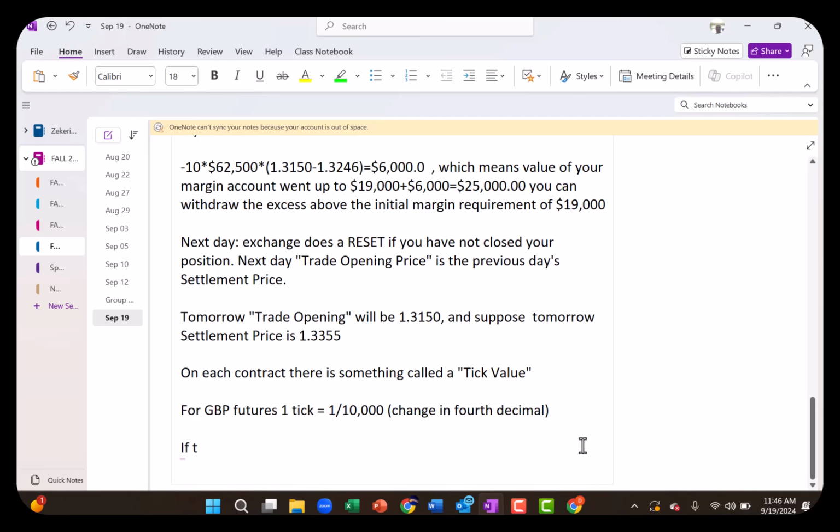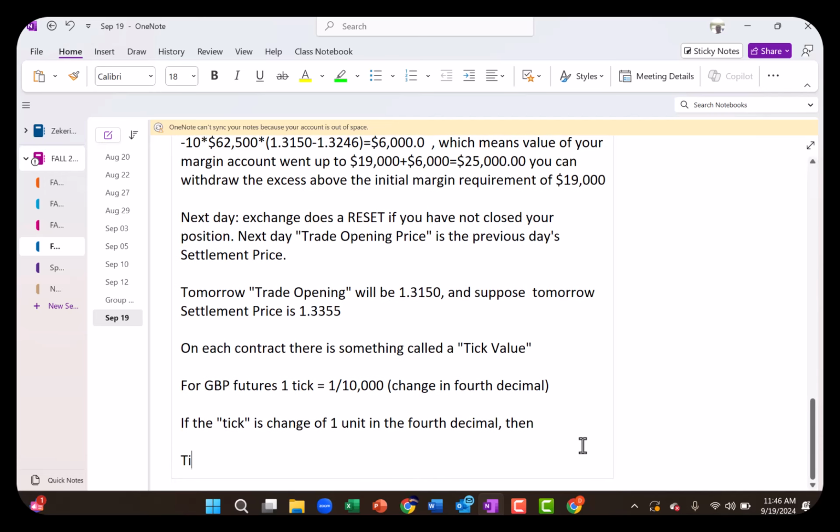And if the tick is a change of 1 unit in the 4th decimal, then tick value is equal to contract size divided by 10,000.